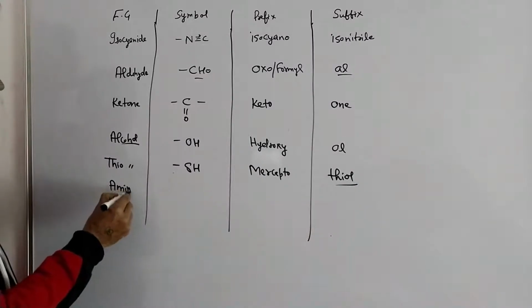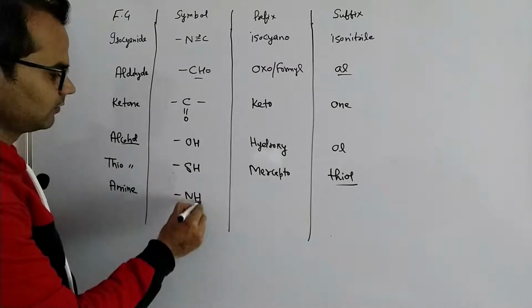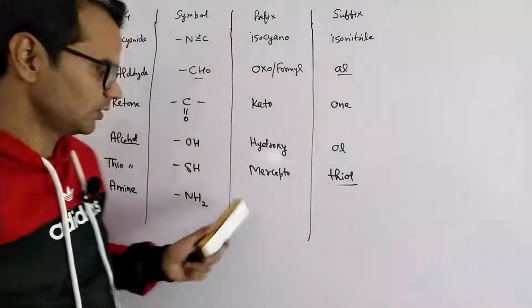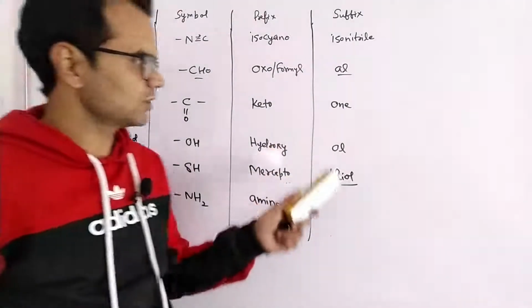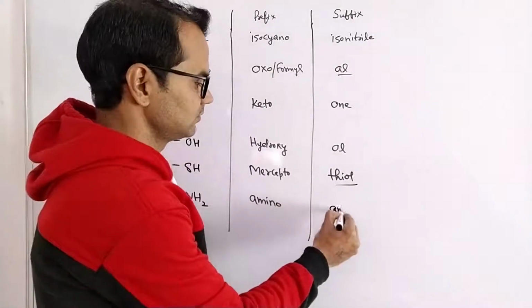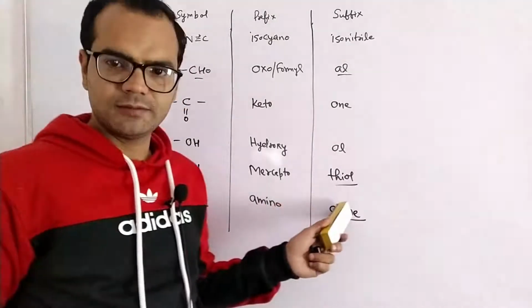amine group. Symbol NH2. When it is used as a prefix, it is amino, and when it is used as a suffix, then it is amine. The general format may be alkane amine.